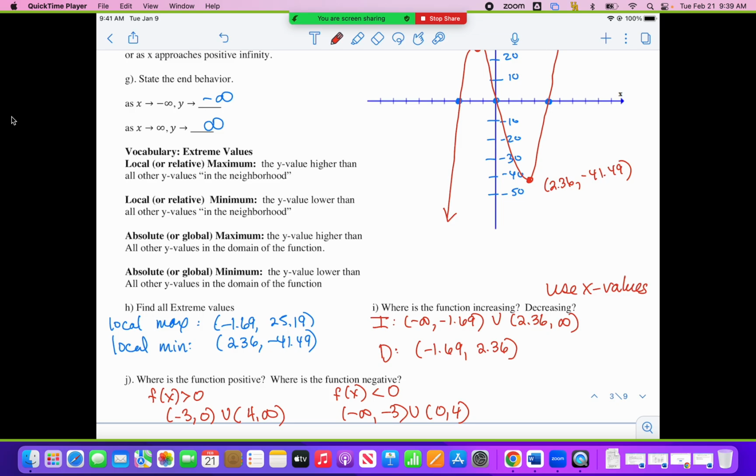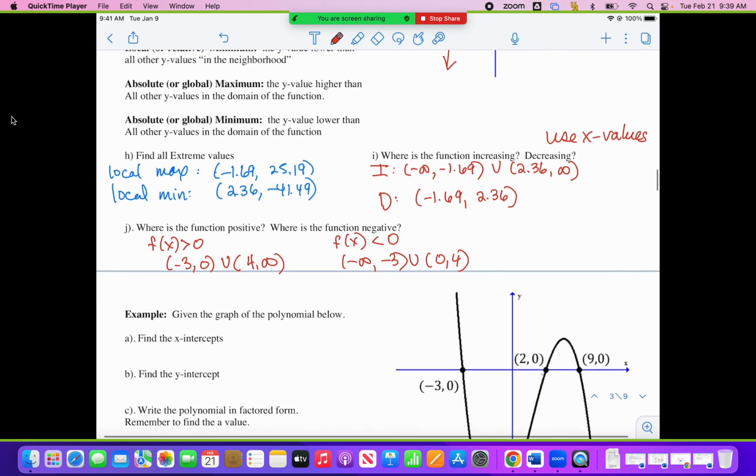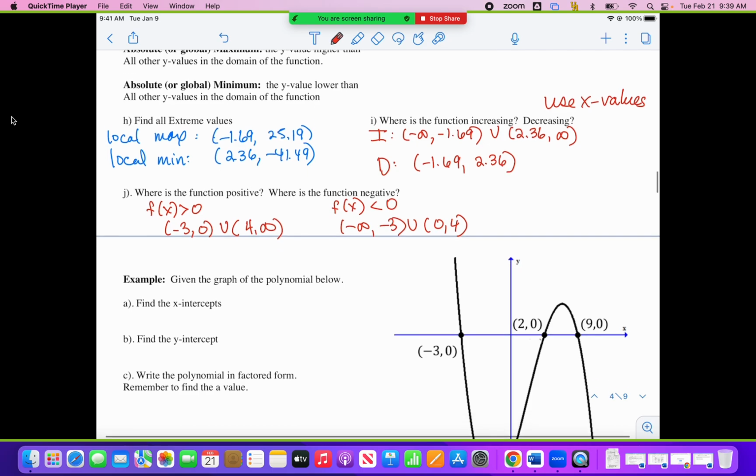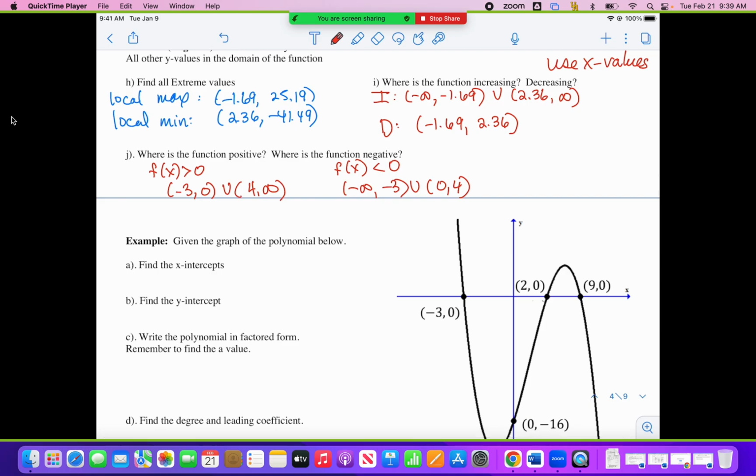So we've actually almost covered everything we're going to do in this lesson, but we're going to take 4 days, okay? We're going to go nice and slowly through this. All right, so let's look at this example. If you're given the graph of the polynomial below and to the right, write down as much as you can. What are the x-intercepts?